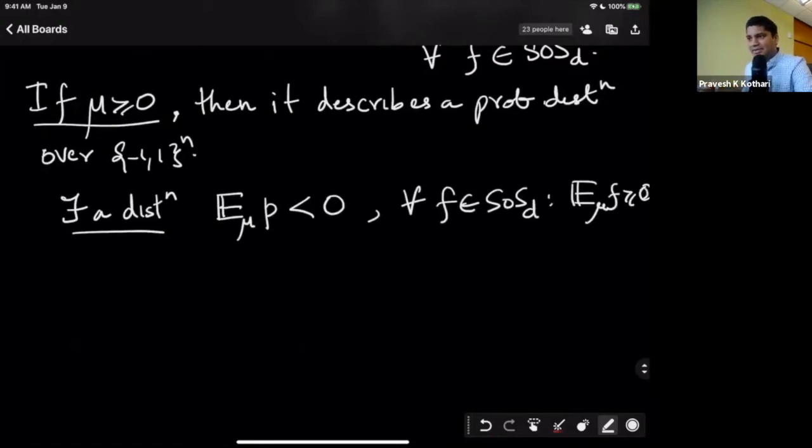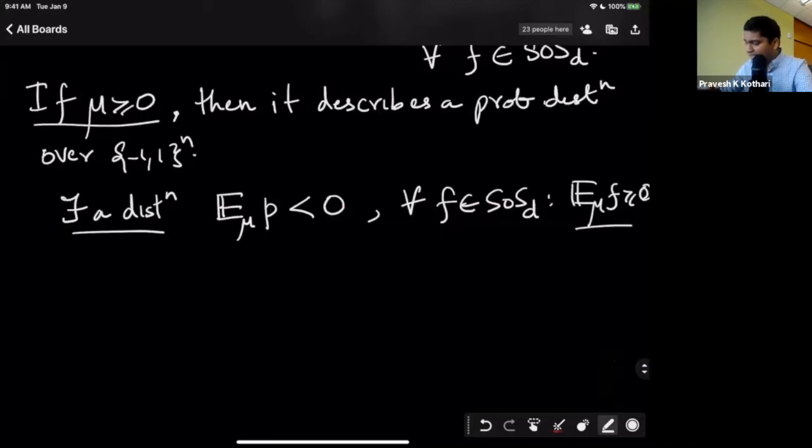If you think a little bit more about it, if you have any function which is non-negative on the hypercube, whether it is an SOS_D or not does not matter, then for any distribution this inequality is going to hold. If I have a function which is always non-negative, then its expectation with respect to any distribution must be non-negative.